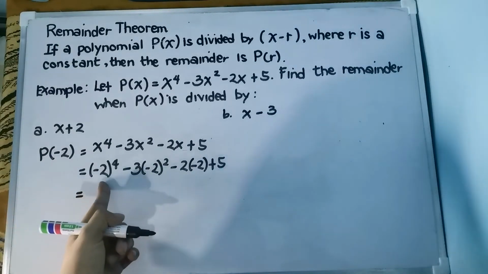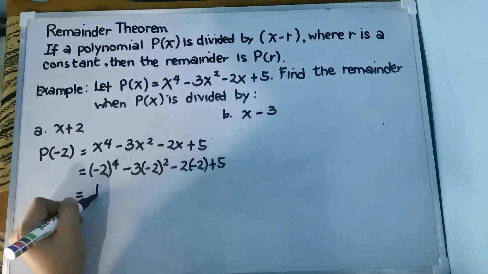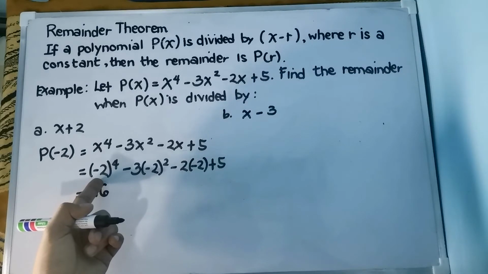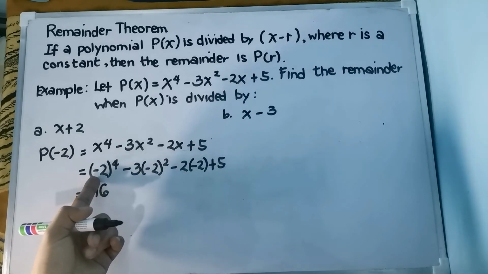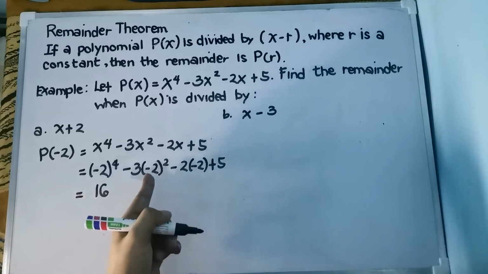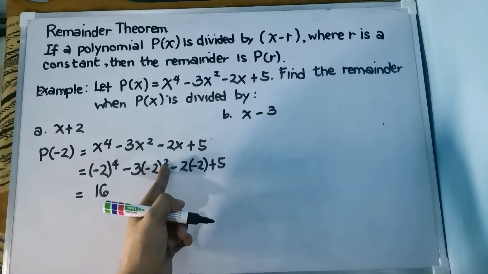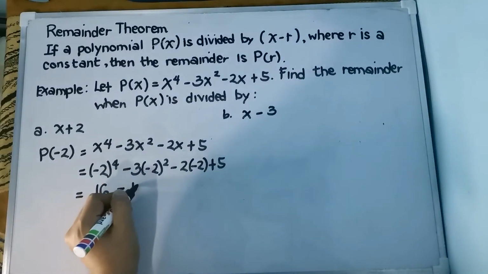Then, negative 2 to the fourth is 16. Again, negative 2 times negative 2 is positive 4 times negative 2 is negative 8. Then, negative 8 times negative 2 is 16. Then, negative 2 squared is 4 times negative 3 is negative 12.